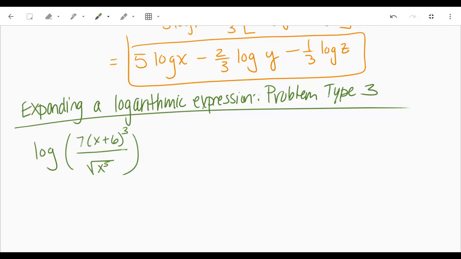Okay, I'm not really sure what makes this type 3. I think it just makes it a little more complicated. But same steps. We're going to split up that numerator and the denominator. Log 7 x plus 6 cubed minus log square root x to the 5th.